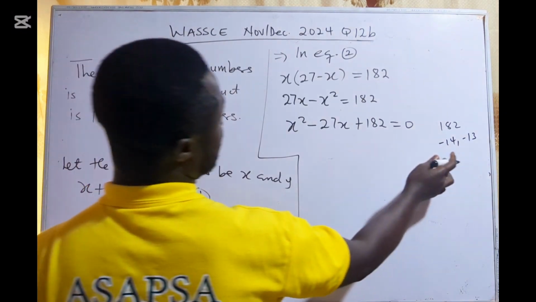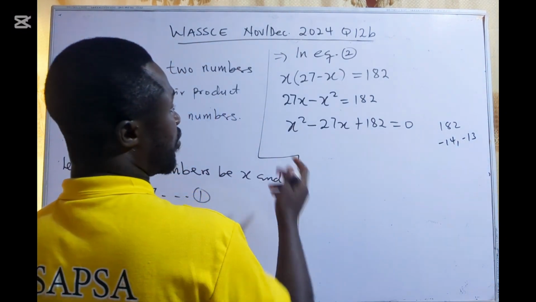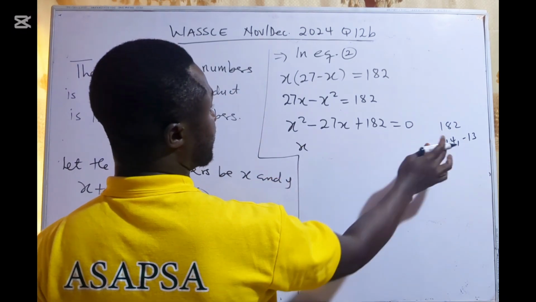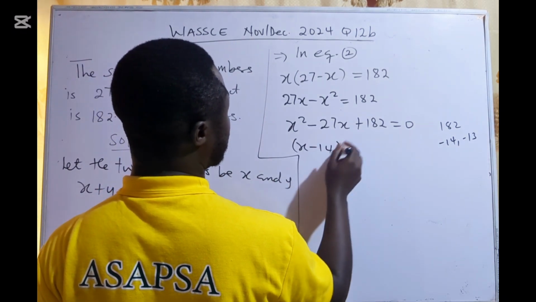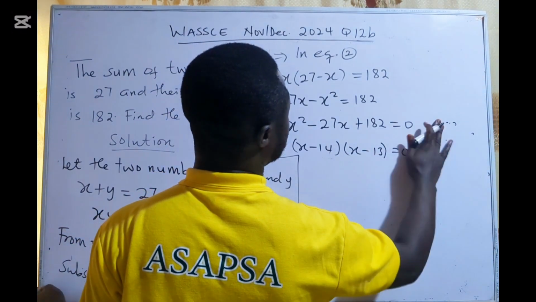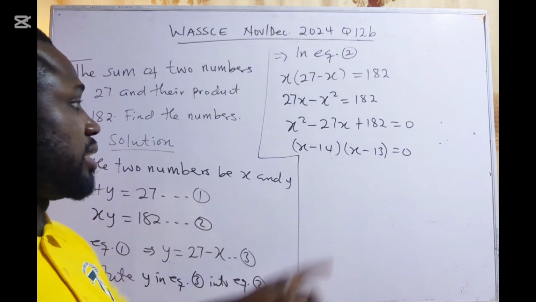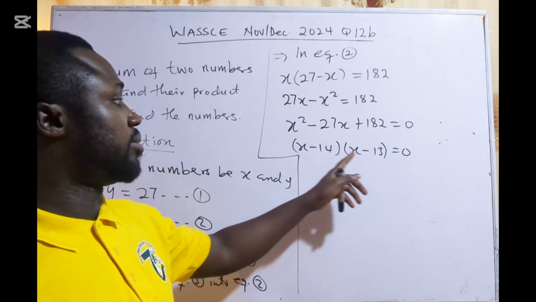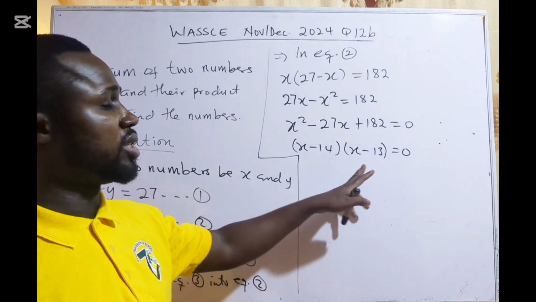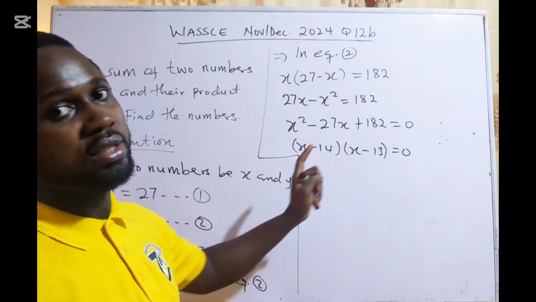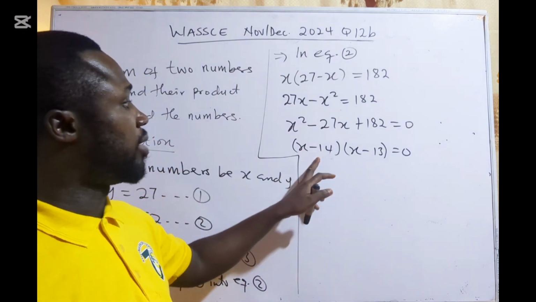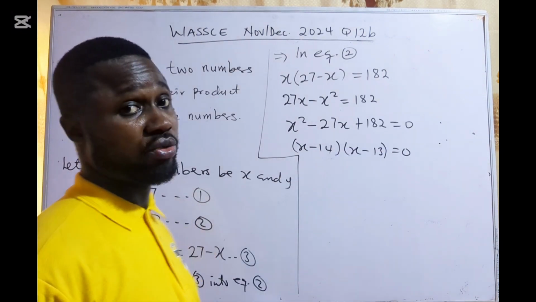Since the coefficient of the x squared is positive, we can write this as x minus 14 times x minus 13 equal to 0, so that when you expand, you get back the same thing. x times x gives x squared, x times minus 13 is minus 13x, minus 14 times x is minus 14x, minus 13 minus 14 gives me minus 27x. And then minus 14 times minus 13 gives positive 182.